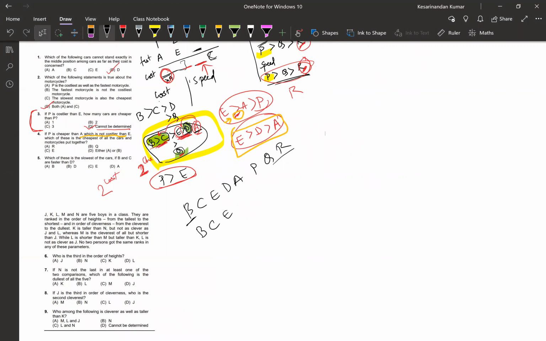If the equal to sign is there, we can have E and A on the same order. If E and A are on the same order and D is here, with P, Q, R here, D can go anywhere, literally anywhere.